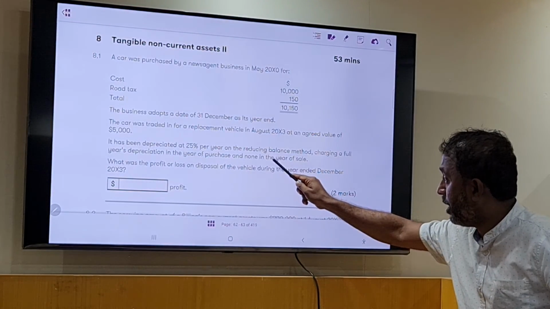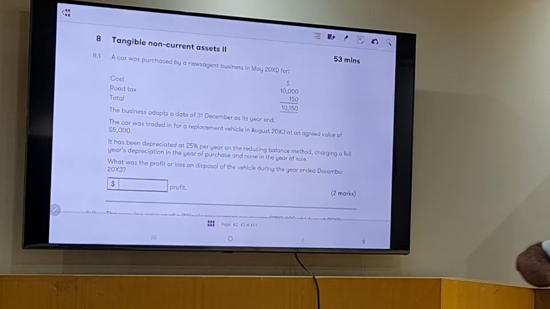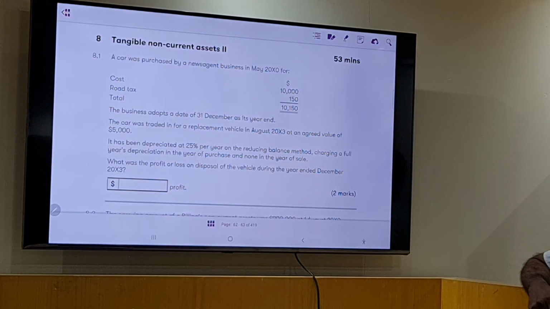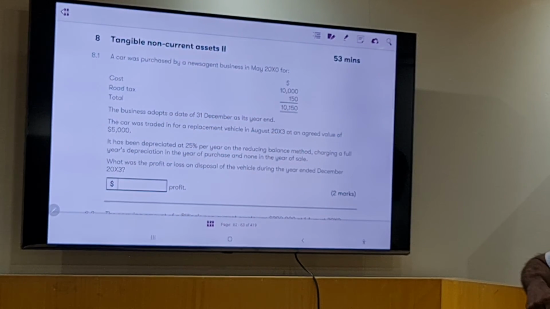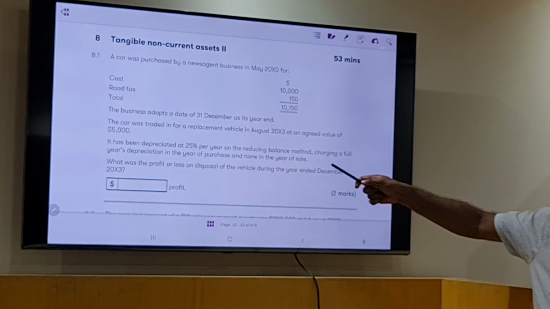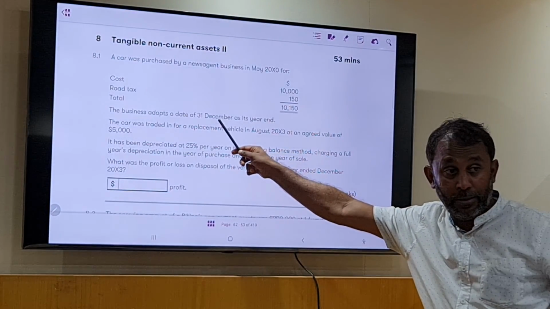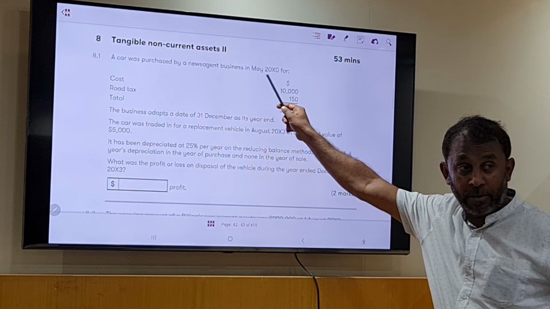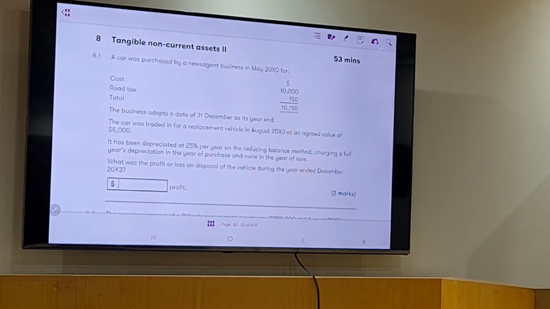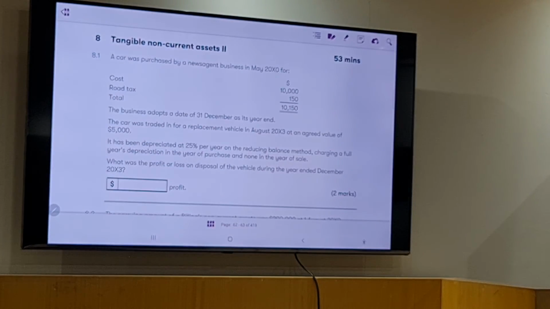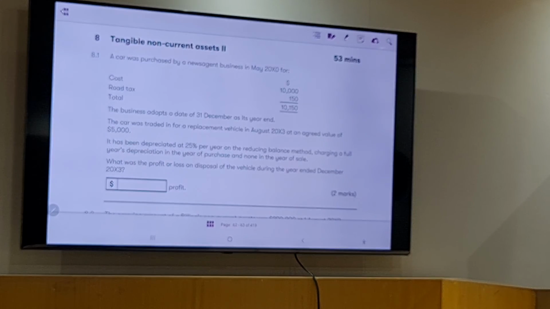None in the year of sale. So purchase only in the year of purchase. Our year end is 31 December. I am buying in May. So how many months? 7. But should I calculate depreciation for 7 months or a full year? Full year.